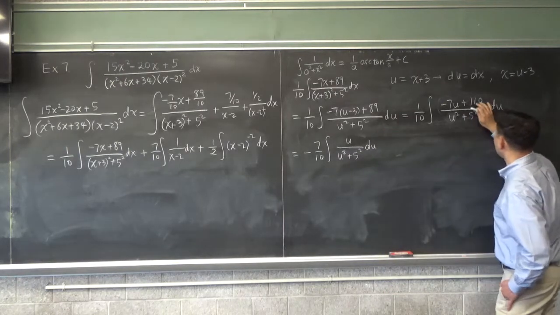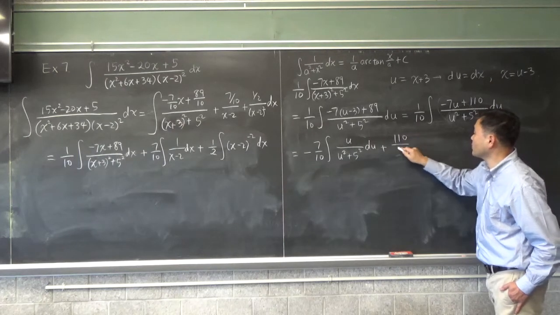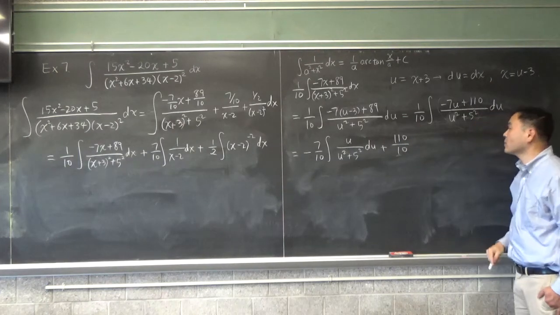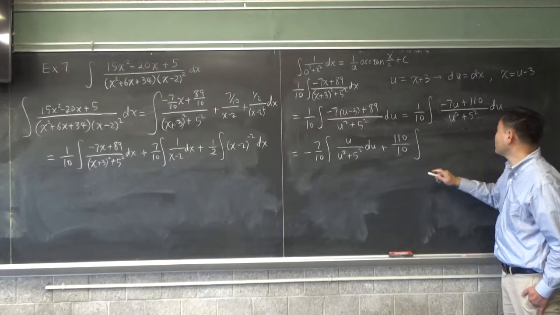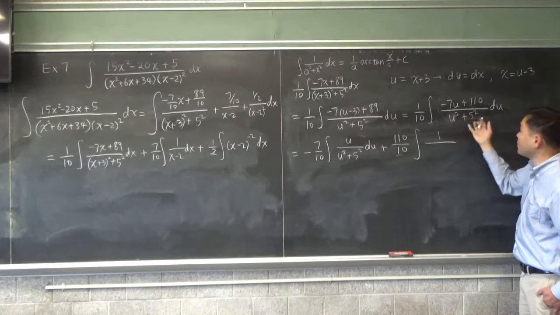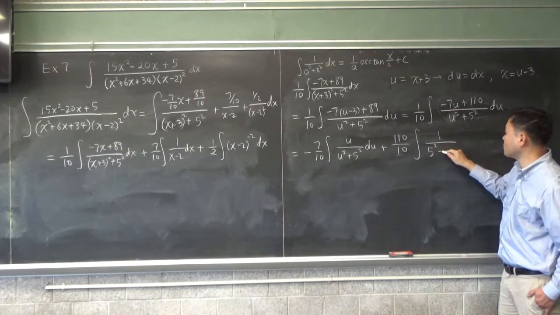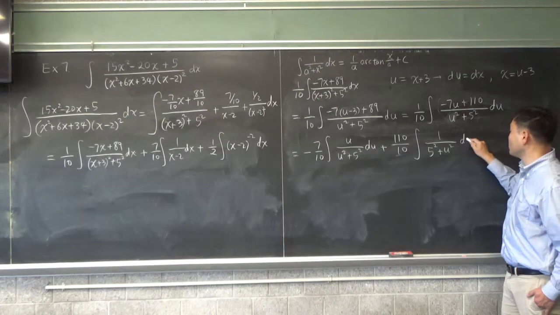And then this one will be 110 divided by 10, which by the way is just 11. And then you integrate 1 over, we'll switch places so that we can use that formula, okay? I'm going to put 5 squared first, then put u squared du.